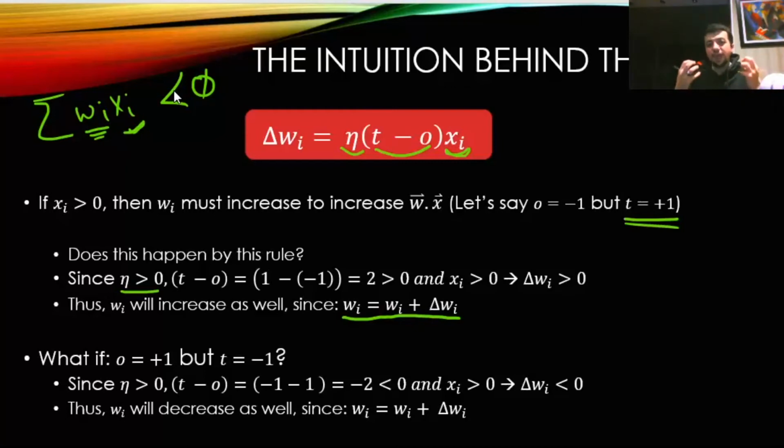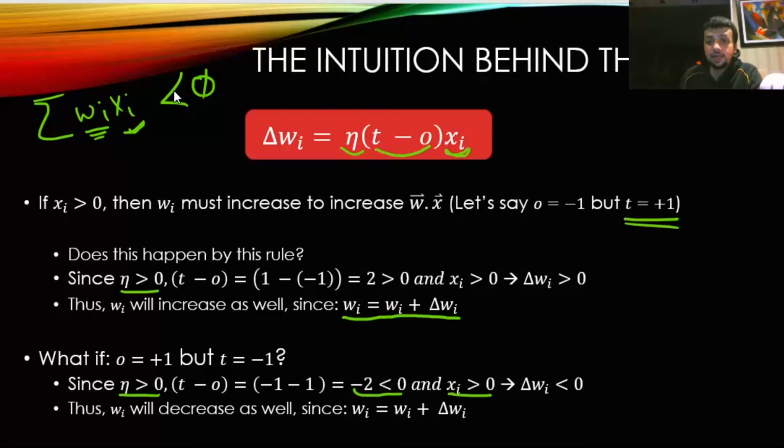Now, if x of i is positive, let's see what happens. Again, the learning rate is positive. t minus o, t is -1 and o is 1, so that would be -1 minus 1, which becomes a negative value. And x of i, let's say our input has a positive value.